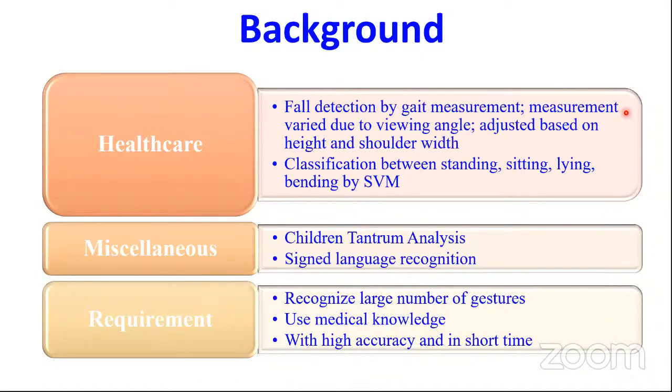Now, as we are talking about healthcare, what we need is a large number of gestures. As we are doing this in terms of gesture recognition, we will be going through different persons' gestures, and by looking at the gestures, we need to suggest whether they have certain types of disorders or ailments or not.